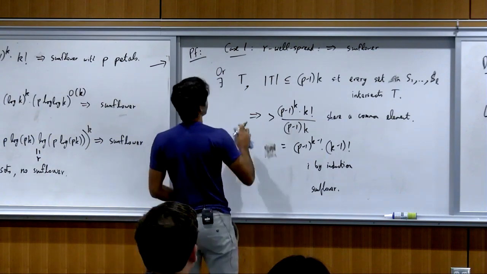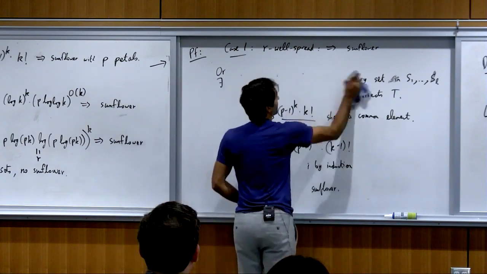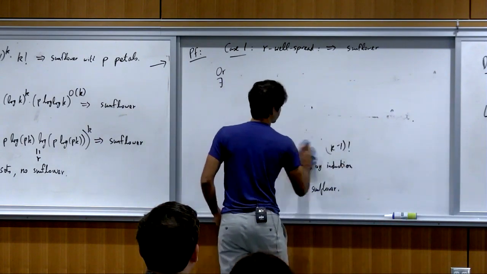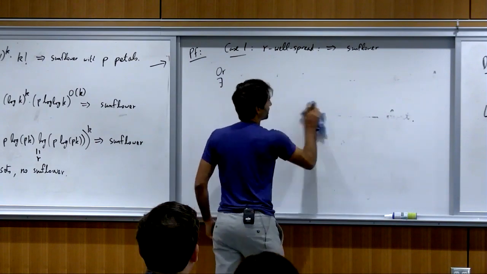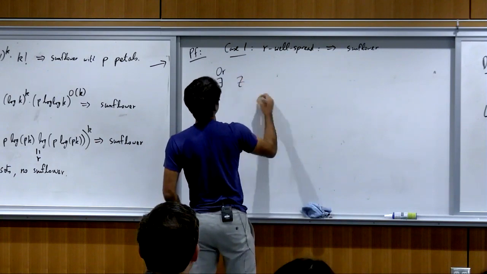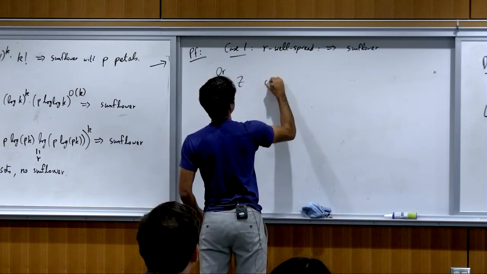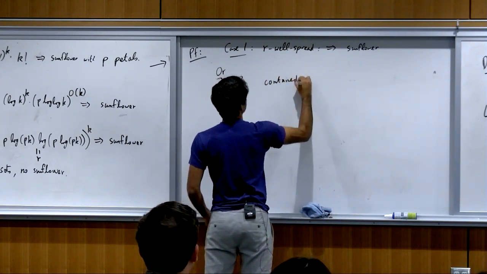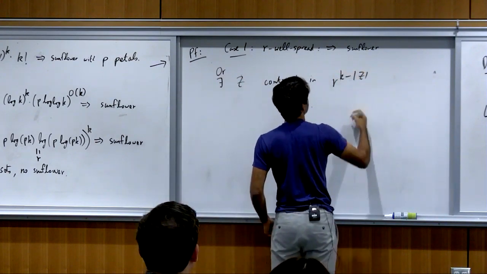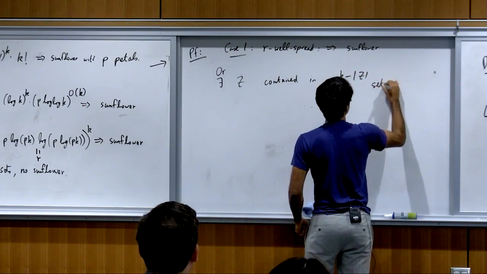It means there's some set Z contained in more than R to the power k minus the size of Z sets of the family.